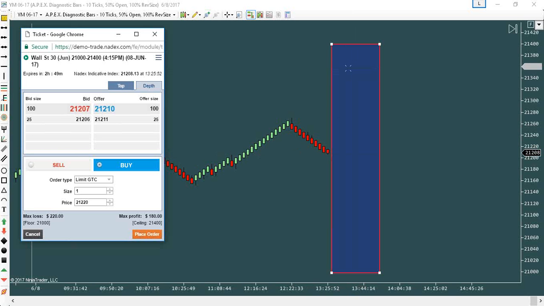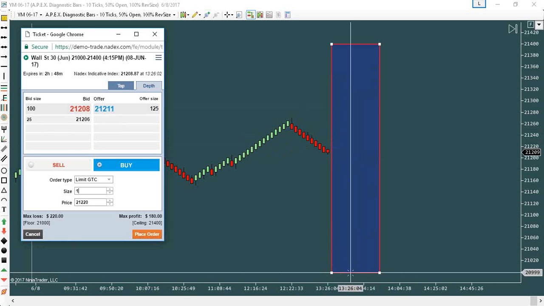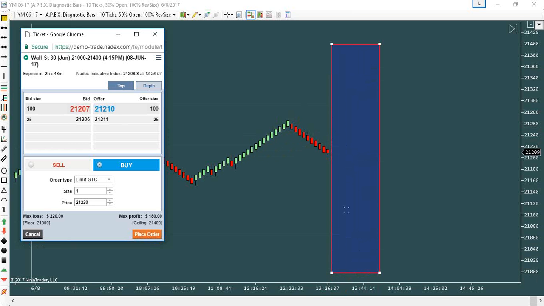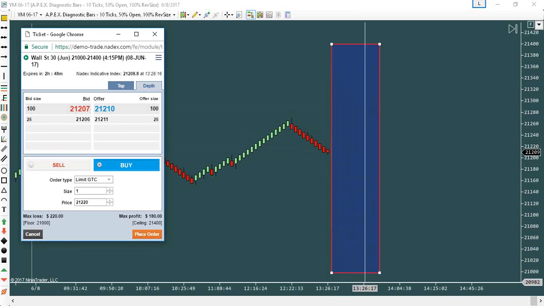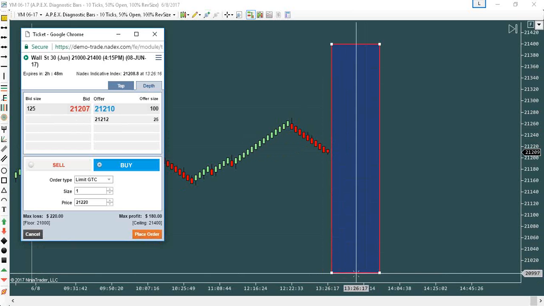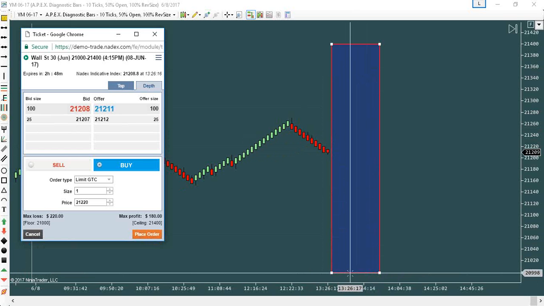I think the market's going up, but if I'm wrong and it goes down, can I lose any more money past the bottom of the spread, past the floor of the spread? No, my risk is capped there. Let's say the market flew down all the way here to 21,000, and then it kept flying down hundreds of points more. I don't lose any more past this amount right here, do I? Past this level, do I?